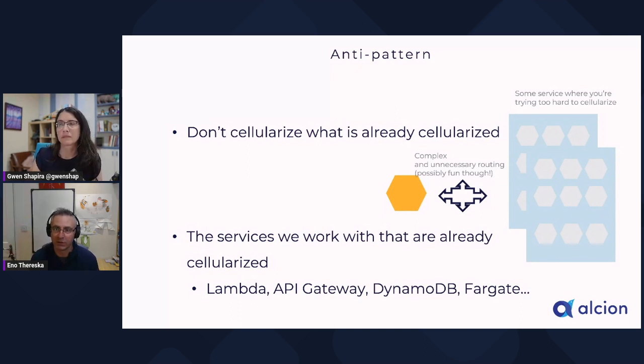You're calling Fargate in different ways, but the control plane of Fargate or S3 or Lambda is already cellularized. So no matter which way you call it, it's going to go to a cell. And if the cell is down, another cell is going to take over on a retry. So don't cellularize things that are already cellularized.